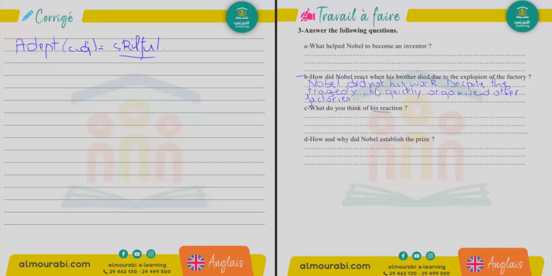Okay, to continue producing, as it is said in the text, continue producing or manufacturing the nitroglycerin.